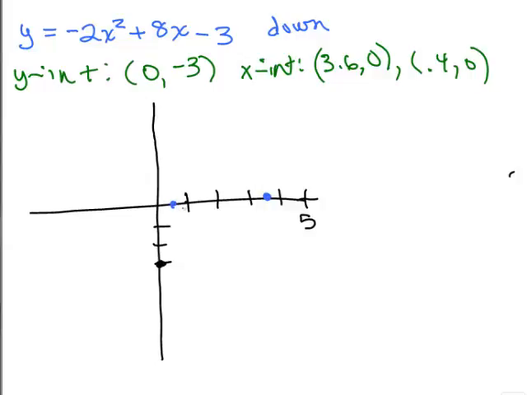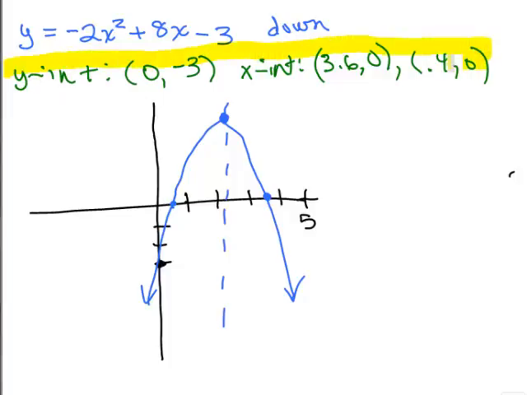We know the axis of symmetry is right in between, and since the parabola is going down, the vertex is somewhere up here. I'm not giving it the exact look of the parabola, but you get the basic idea that it seems reasonable. It's going down, and it would go through 0.4 and 3.6 and through (0, negative 3). What we were asked for is just to find the intercepts, and so here would be our answers.